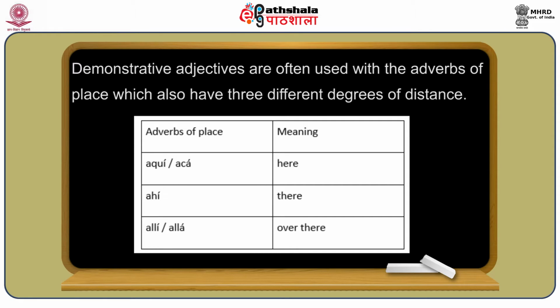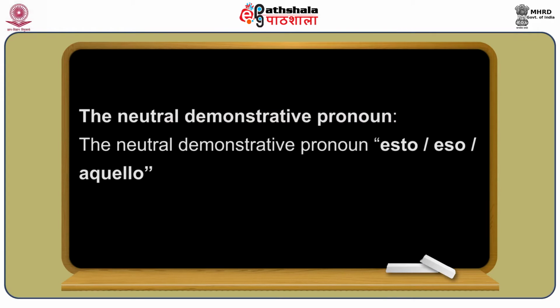So till now we have seen the demonstrative determiners, which are adjectives. Now we are going to see the adverbs of place. So the adverbs of place are aquí or acá meaning here, ahí meaning there, and allí or allá meaning over there. And there is something called the neutral demonstrative pronoun.